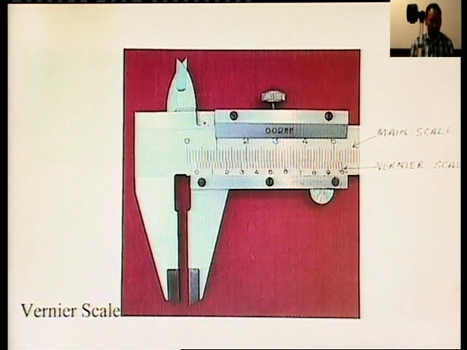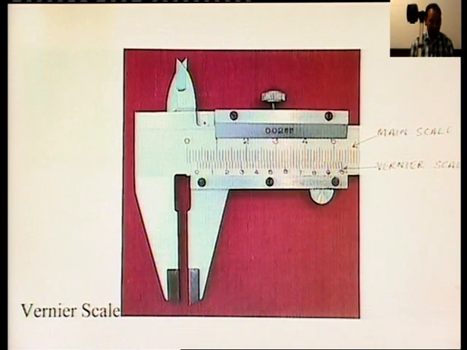The accuracy depends upon the straightness of the beam and the squareness of the sliding jaws with respect to the beam. Any deviations in these parameters may lead to inaccurate results while reading this vernier caliper.